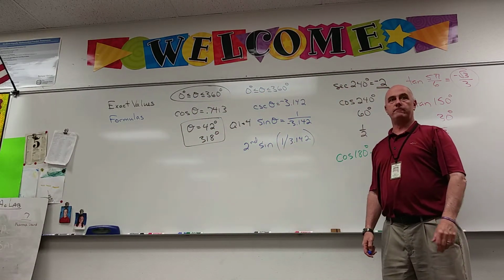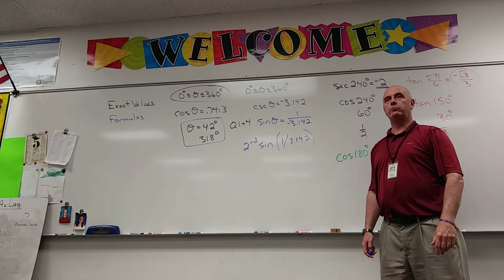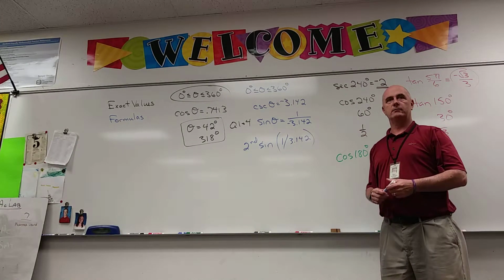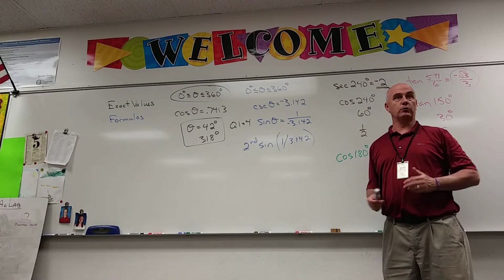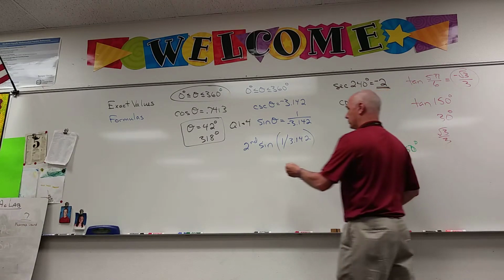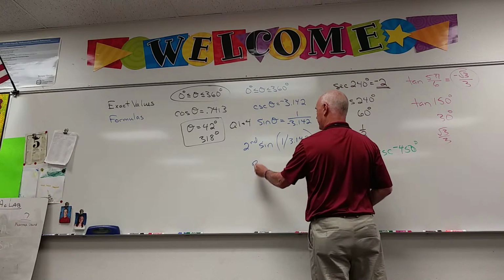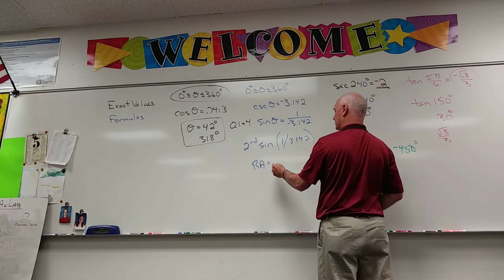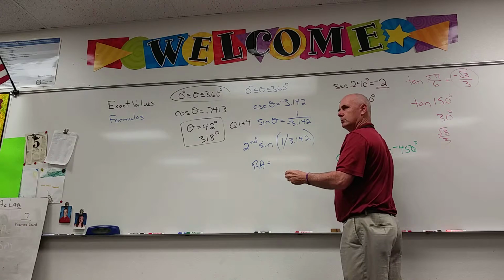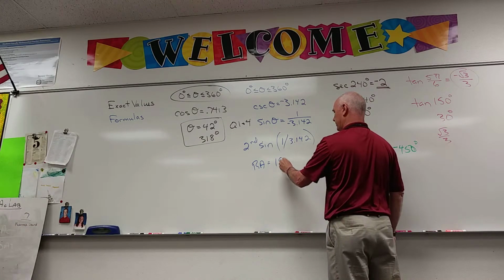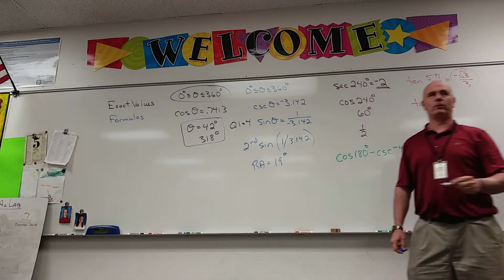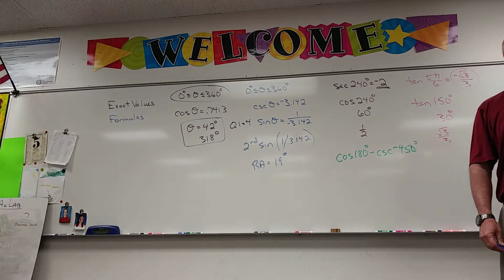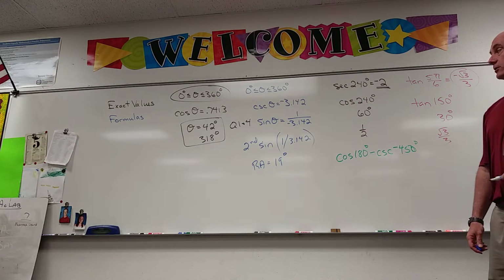Don't put the negative in, because that way we will now get the reference angle. And reference angles we can work with. So, what do we get for our reference angle? 18.5. So 19. 18.5. Okay. So 19 degrees?